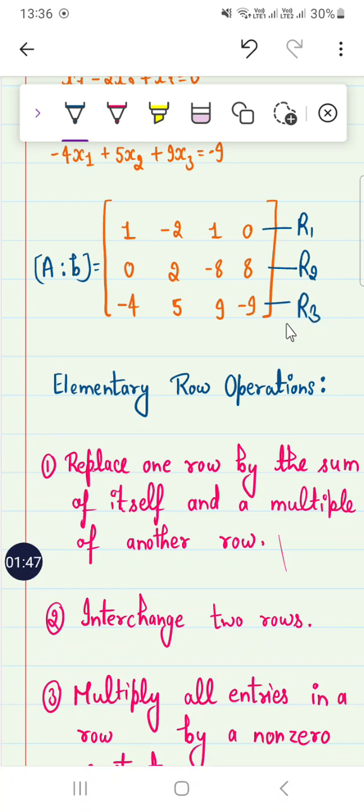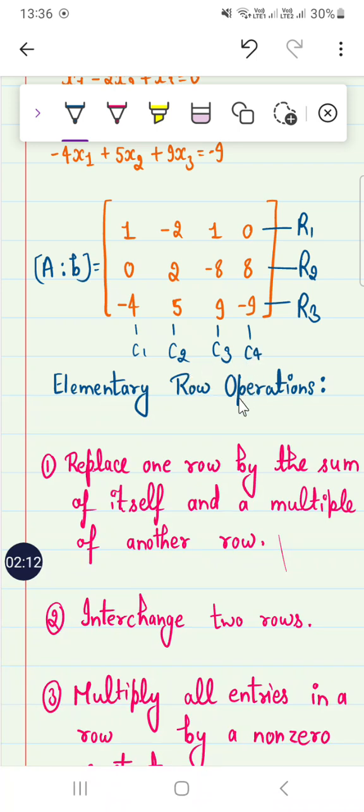It is called a row operation because we have chosen R1, R2, R3. If we take columns, then it is called C1, C2, C3 and C4, and we call that column operations.